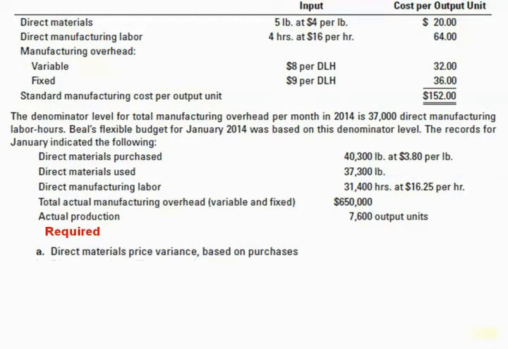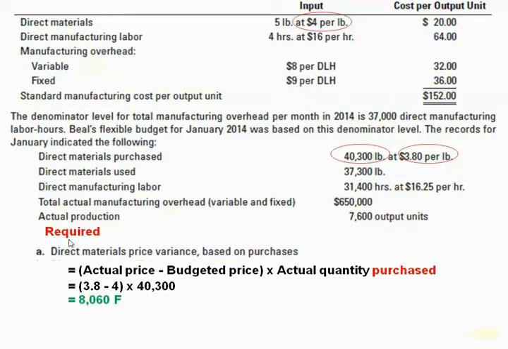First requirement: calculate direct materials price variance based on purchases. Price variance equals actual price minus budgeted price, all multiplied by actual quantity purchased.